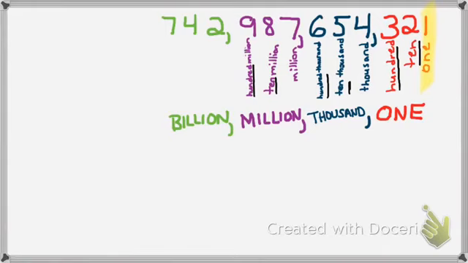So this green 2, all the way on the right-hand side, goes by the name of the period. So this will be the billions column. After the name comes the 10 of the name, so the 4 is in the 10 billions column. And the 7 is in the 100 billions column.